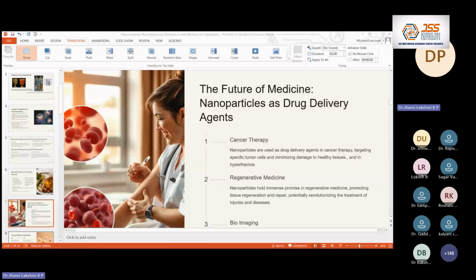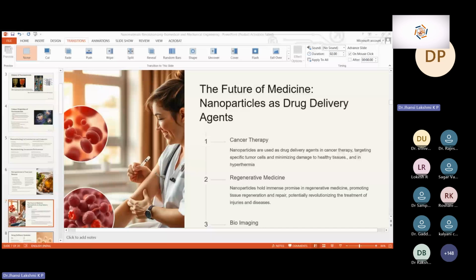Coming to the second one, that is regenerative medicine. What is regenerative medicine? Nanoparticles hold immense promise in regenerative medicine, promoting tissue generation, regeneration and repair, potentially revolutionizing the treatment of injuries and diseases.